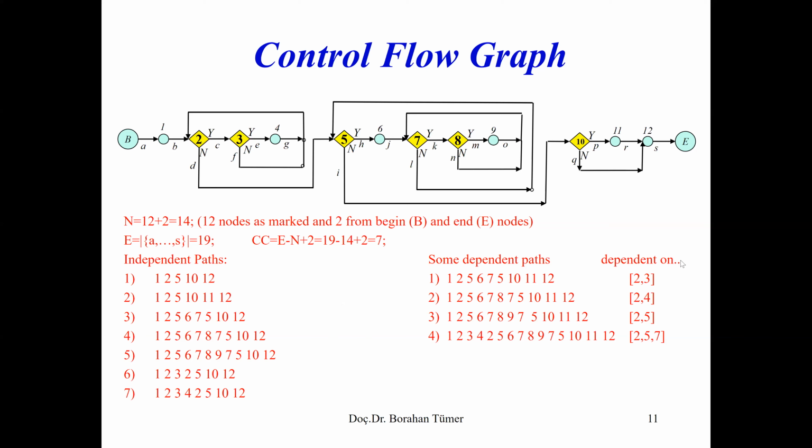So now, this is I think a good exercise from the complexity viewpoint too, to show you how a control flow graph can be drawn from a code, how its cyclomatic complexity can be calculated, how the linearly independent paths can be found, and what the dependent paths are dependent upon as far as the linearly independent paths are concerned.